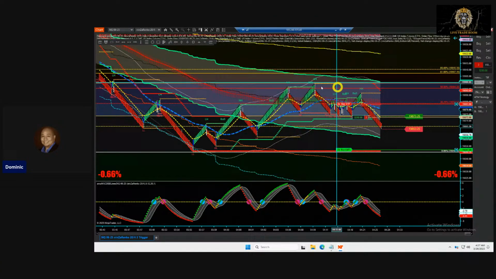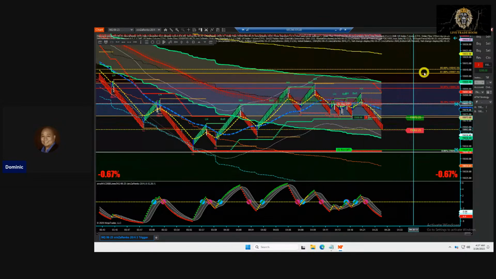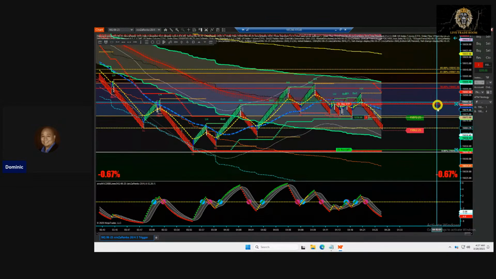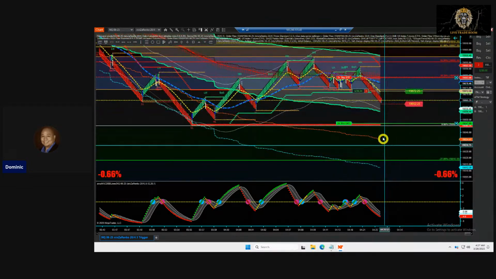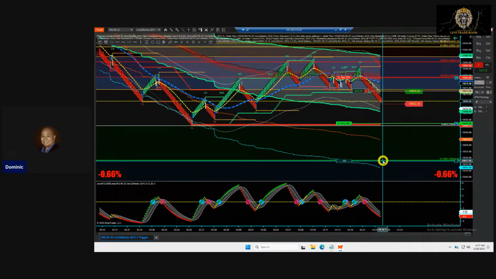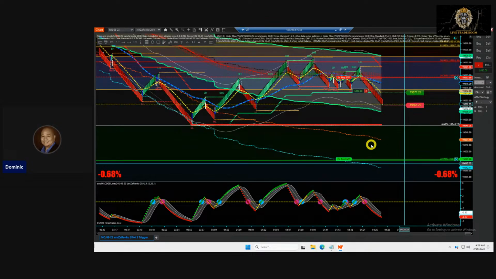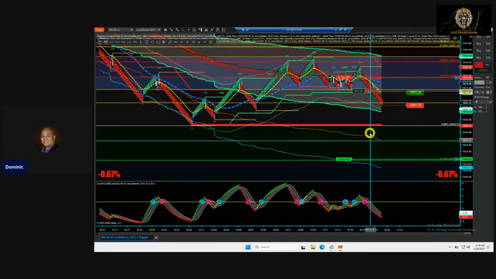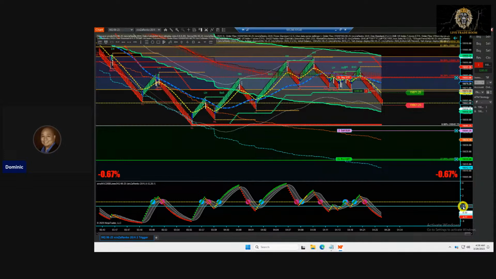We did pull back to the fib retracement 50% level, so we want to target this down here. See, we get this surge in momentum to the downside. Order submitted.